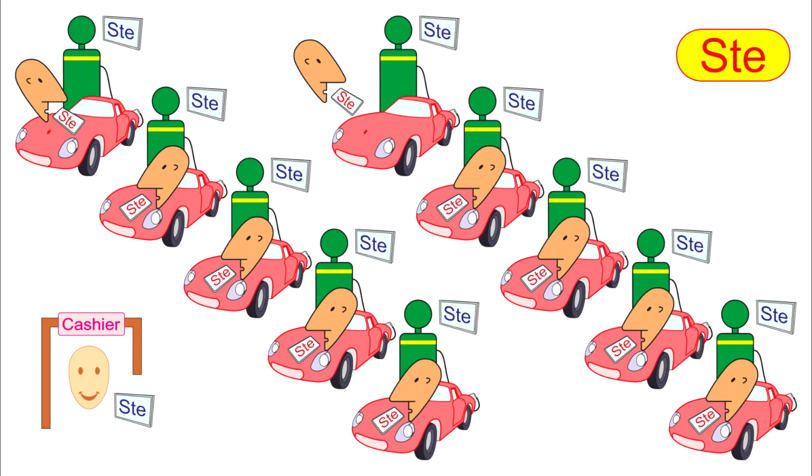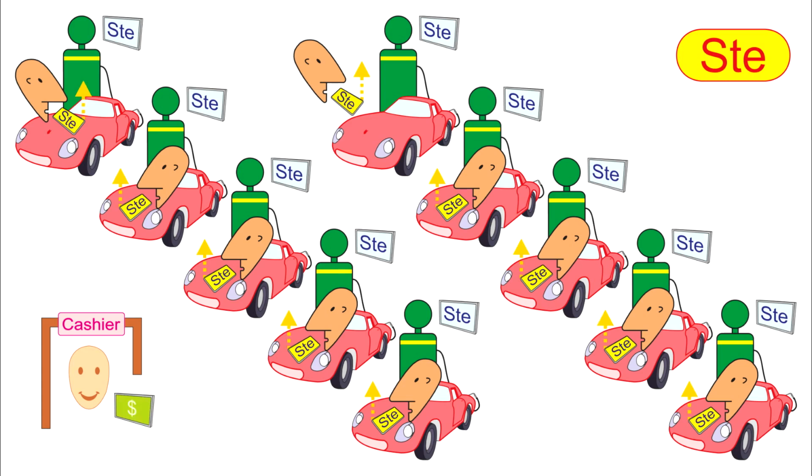Each driver verifies that the payment details are correct. And each one executes the payment order through their mobile phone, which means that the payment order can be executed by all the drivers at the same time. It can be said that each driver's mobile becomes a POS, point of sale terminal.